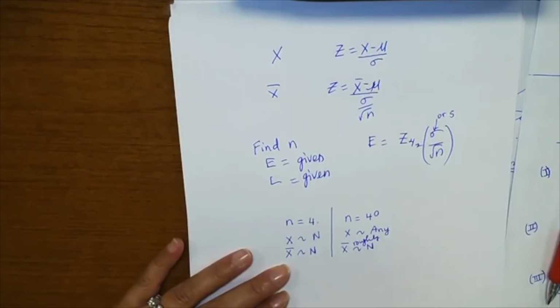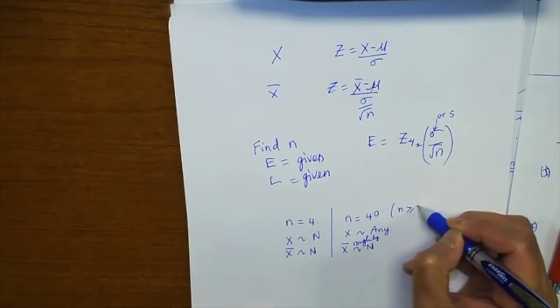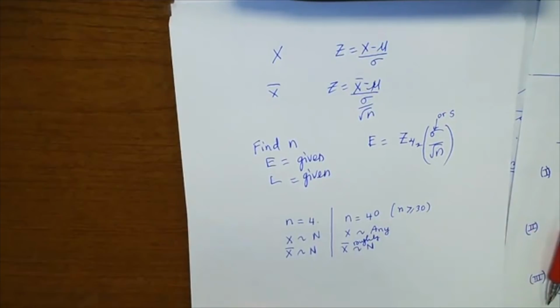So how do you know X bar is normal and X is anything? You have to check to see if n is greater than 30. When n is greater than 30, that means you're taking large samples. You can start with a population that looks like this.